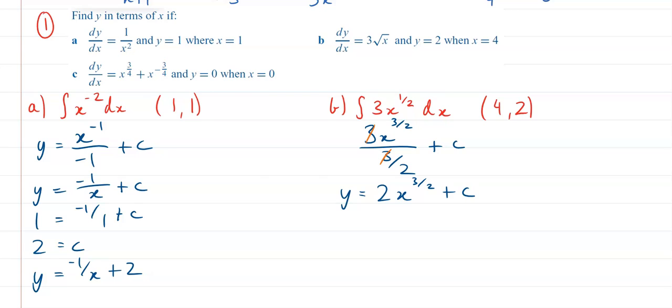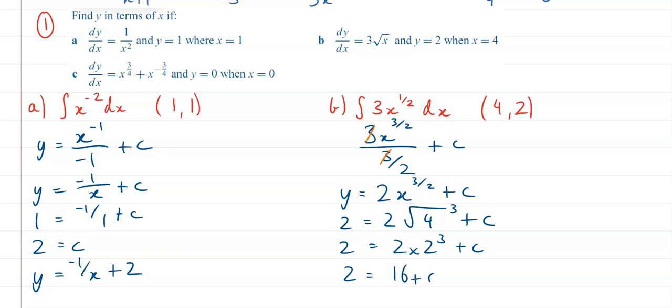Subbing in our values, we would get 2 equals 2 times 4 to the 3 over 2. That's actually the same as the square root of 4 to the power 3. So just making it a little easier to work with the numbers. So 2 times 2 to the power 3, and that's going to give us 16.